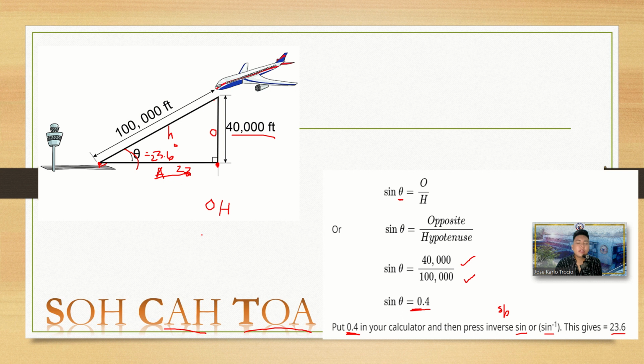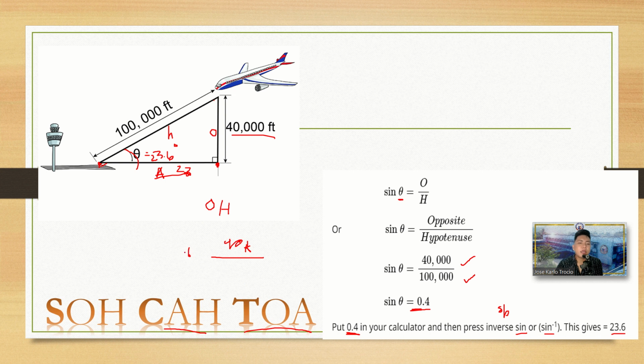All you need to do is use the opposite, 40,000. Let me use 40k because I cannot write it that well using this trackpad. Over the adjacent. Hold on, are we using the tangent? Yeah, we are using the tangent.